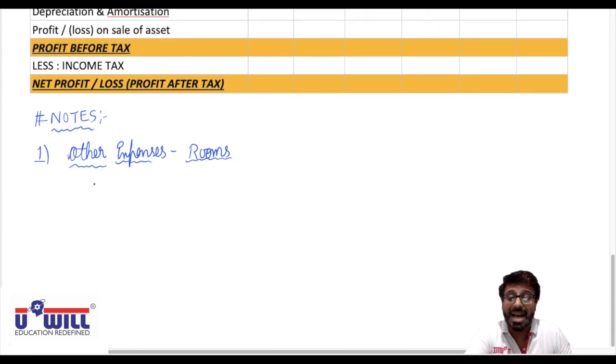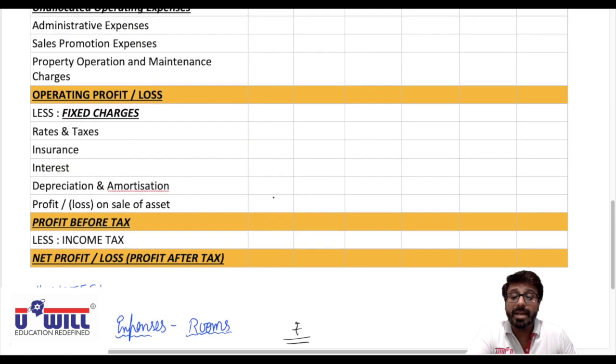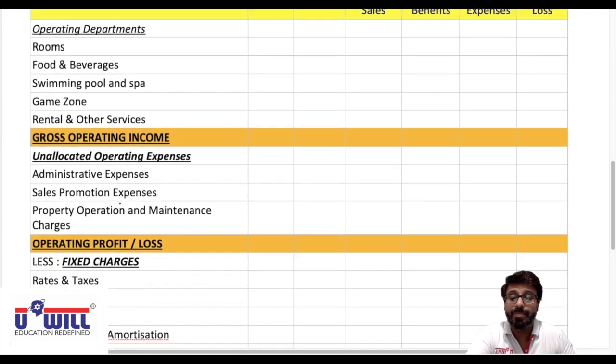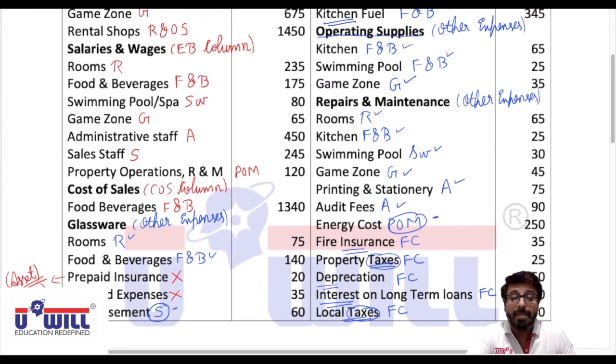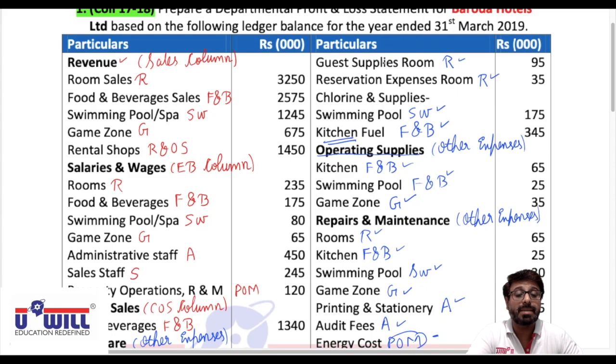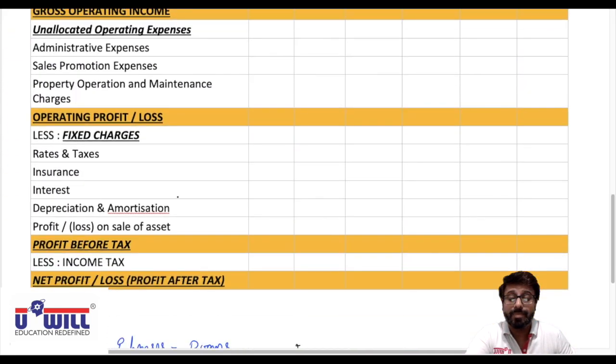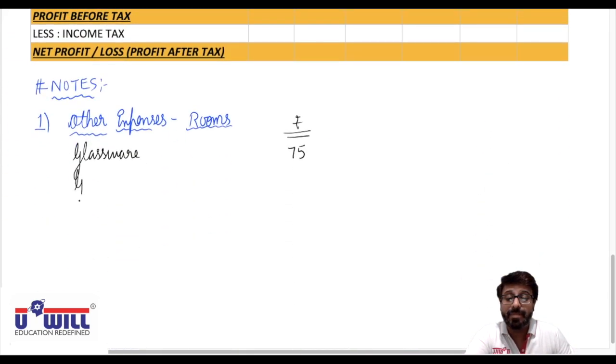So all of you write down glassware 75. Then after glassware, what do we have? Other item marked as R. Guest supplies 95.